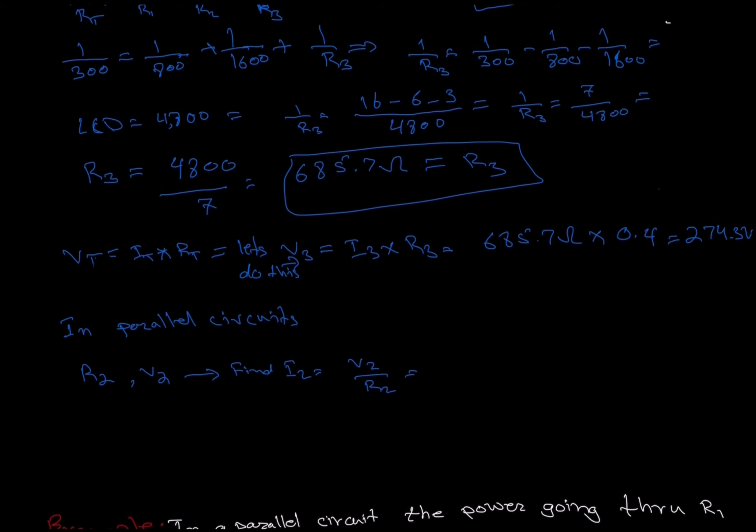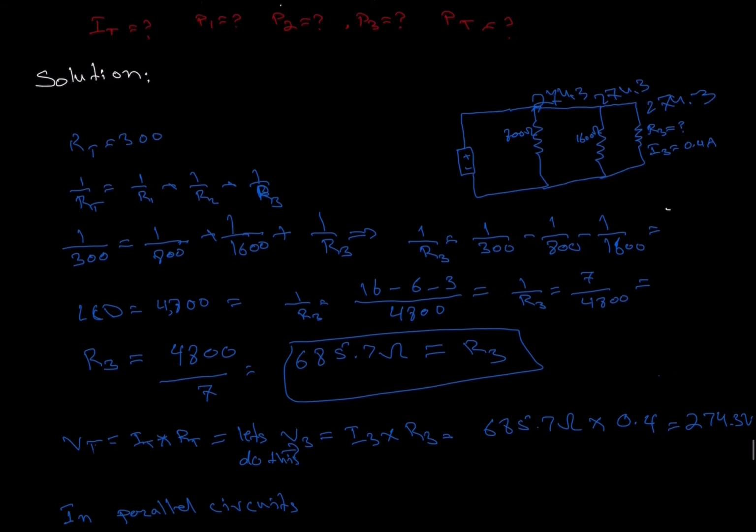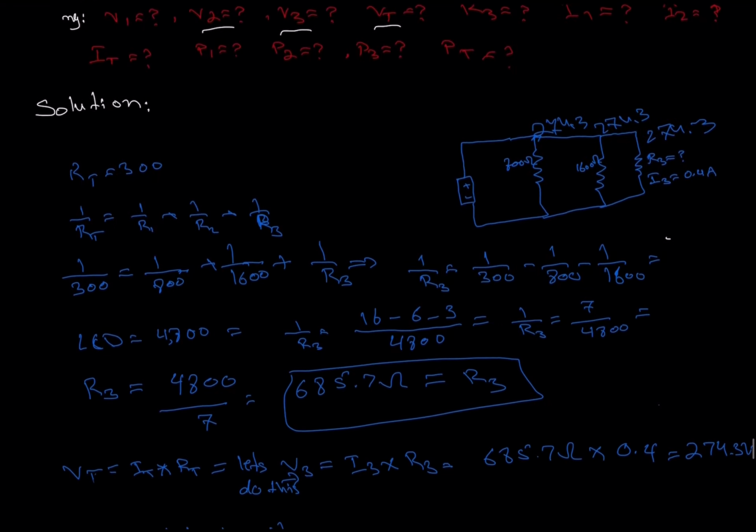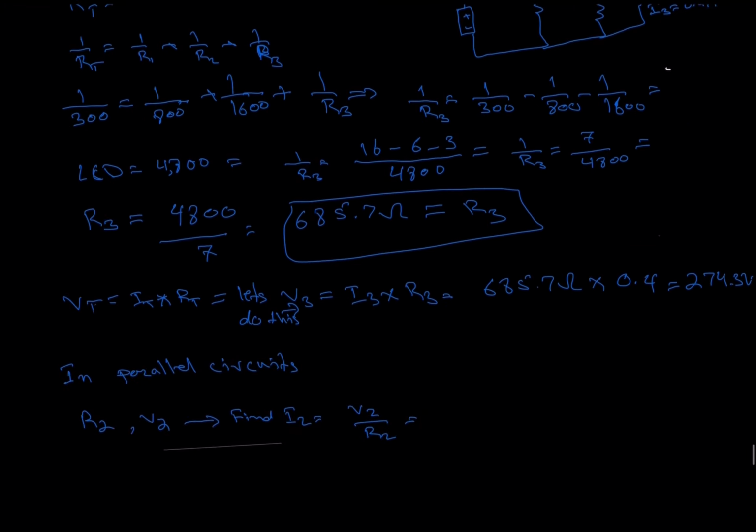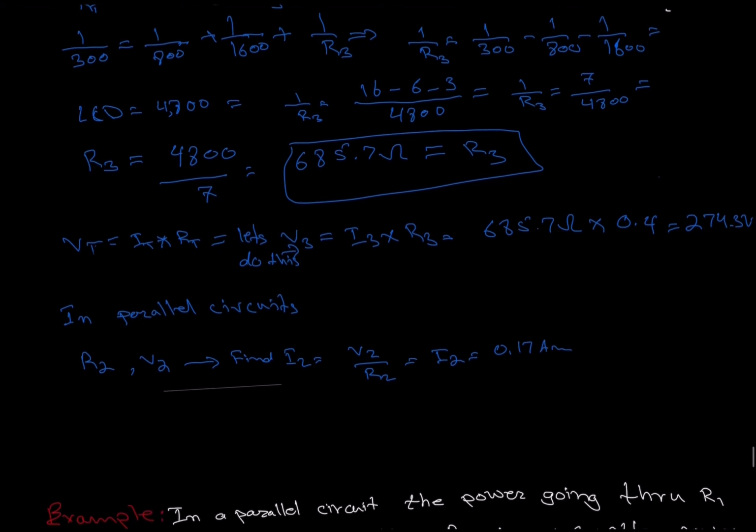V2 is 274.3 divided by R2, which is 1600. It'll give me 0.17, so I2 will be equal to 0.171 amp.